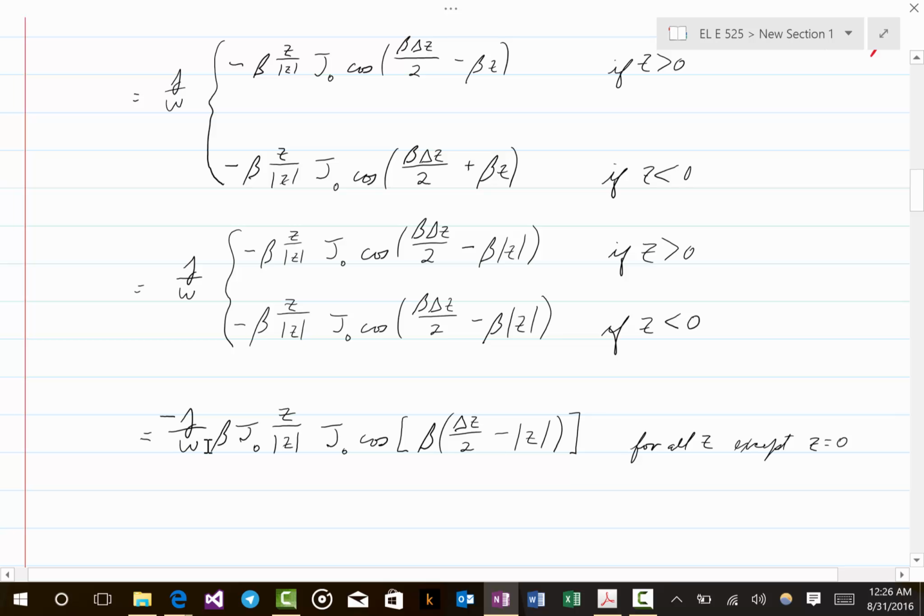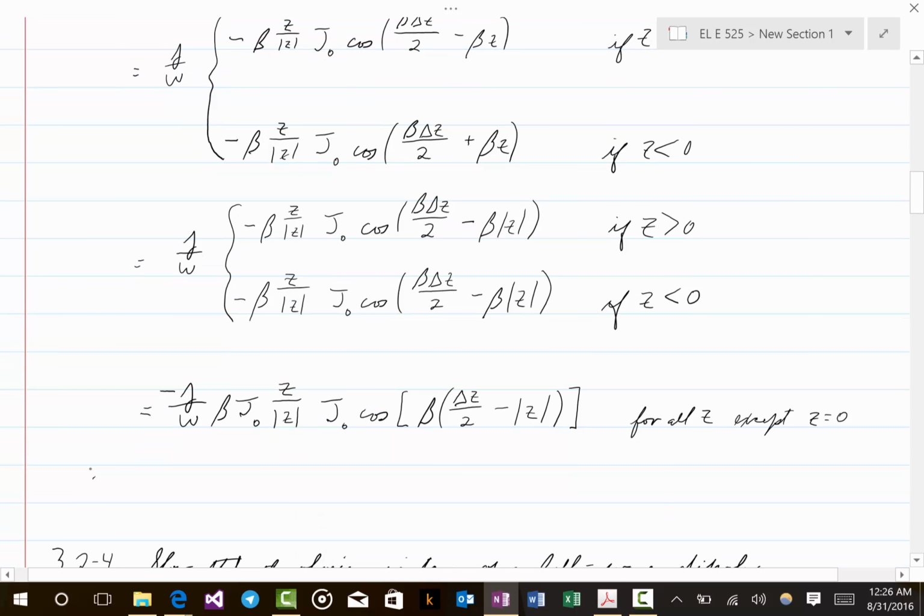So rho is equal to minus j over omega times beta times j naught times z divided by absolute value of z. Oh wait, we don't need this j naught again. We've already written j naught there, so we don't need to write that down twice.